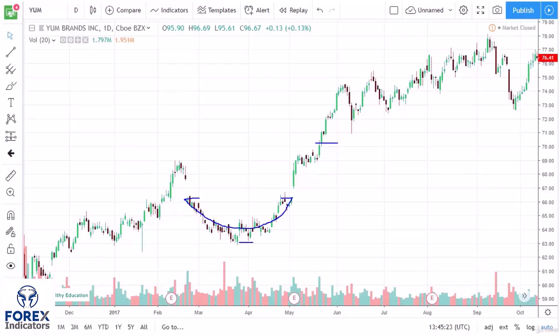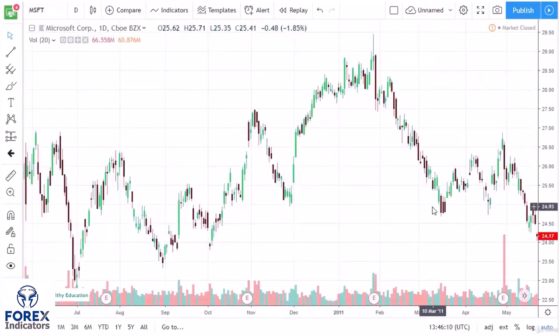Also, something else that I would point out is the longer the time that it takes to form the pattern, the more impressive it will be, because it takes a lot more order flow to make these moves. In this case here, this would have been about 2.5 months over here, and the one in Microsoft.